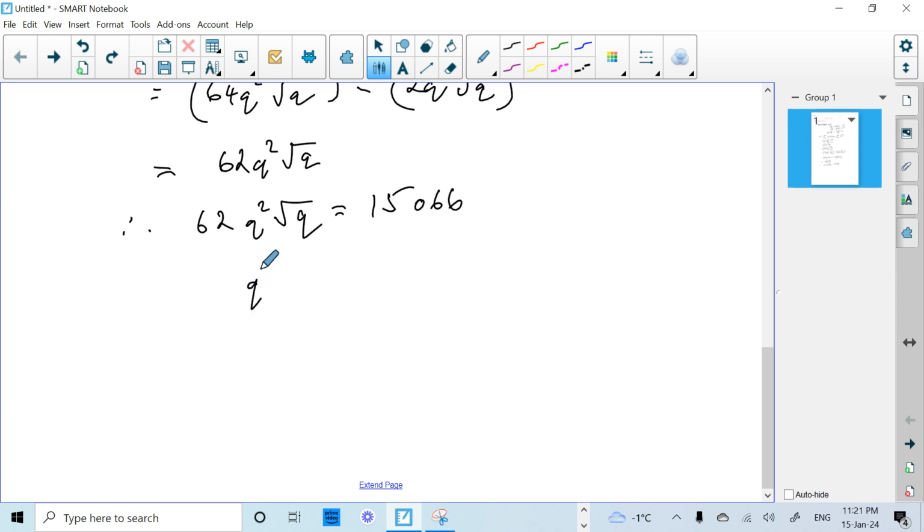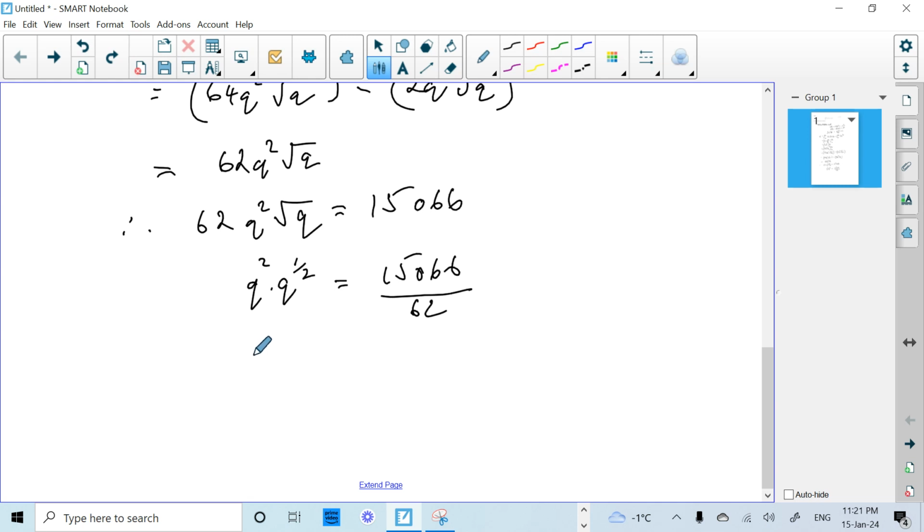So I've got q squared times q to the half, which is equal to 15,066 divided by 62.